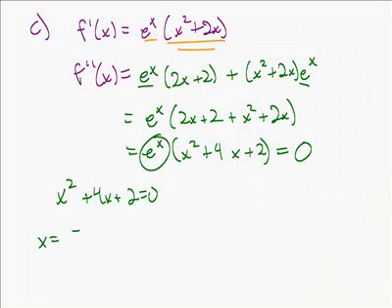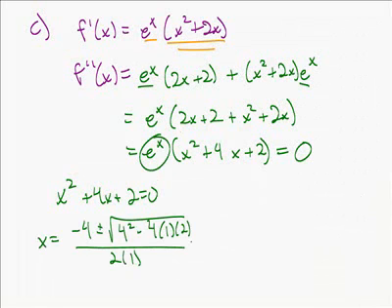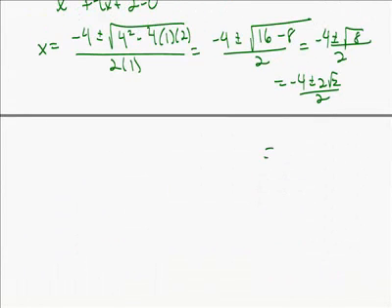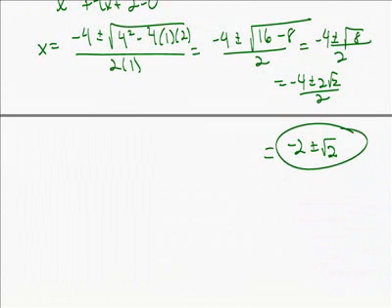The solutions are going to be negative b, that's -4, plus or minus the square root of b squared, that's 4 squared, minus 4 times a, which is 1, times c, which is 2, all over 2 times a, which is 1. So we get -4 plus or minus the square root of 16 minus 8, all over 2. So -4 plus or minus the square root of 8 over 2. -4 plus or minus 2 root 2 over 2. So we get solutions of -2 plus or minus the square root of 2. These are, again, our inflection points.